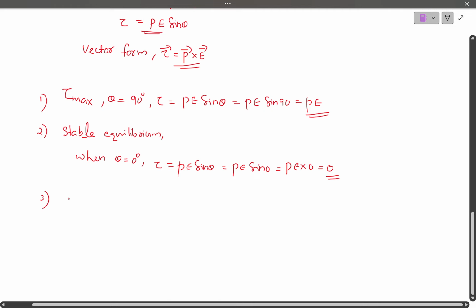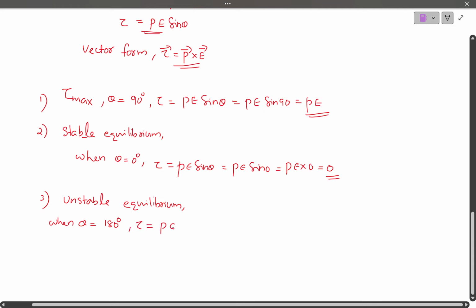Let's see the next case, unstable equilibrium. Unstable equilibrium occurs when theta equals 180 degrees.